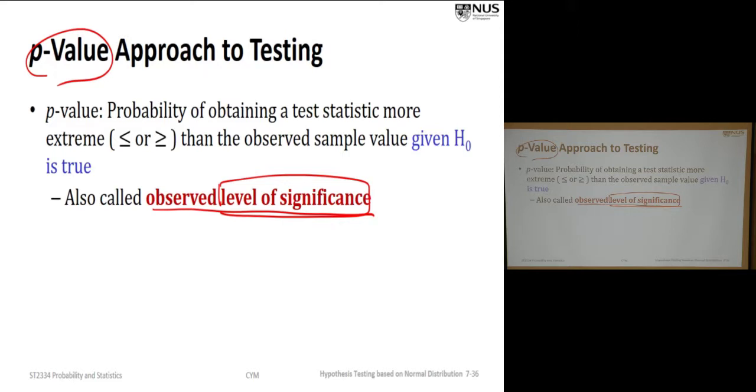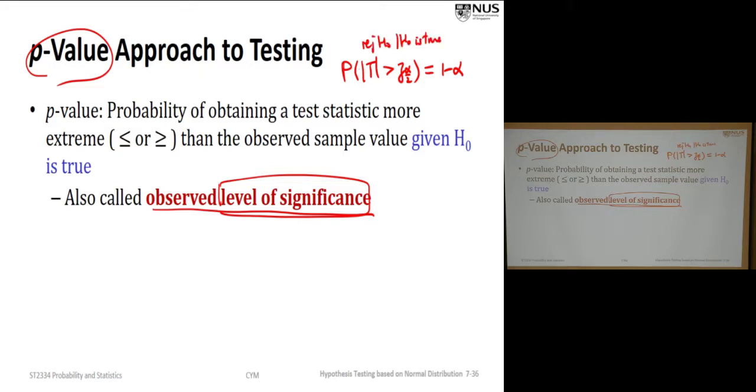So it is the probability of the test statistic being greater than, let's say, in the example that I used before where sigma is known, something like this. Or rejecting the null hypothesis if the null hypothesis is true.